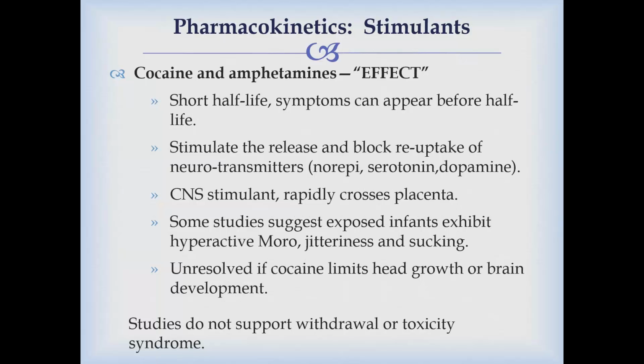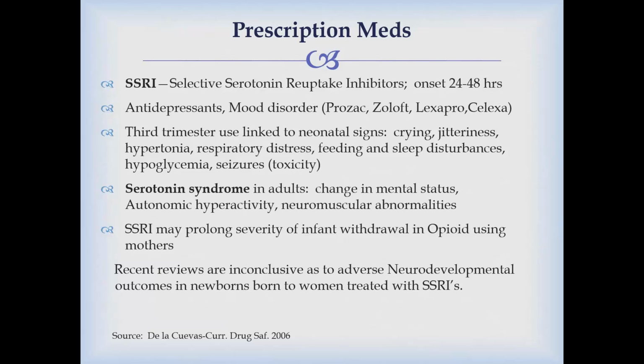In terms of prescription medications, we see a lot of mothers coming in who are on SSRIs during the pregnancy. Many of those used during the third trimester may be linked to neonatal signs of excessive crying and jitteriness, sleep disturbances, feeding disturbances, hypoglycemia, and seizures.